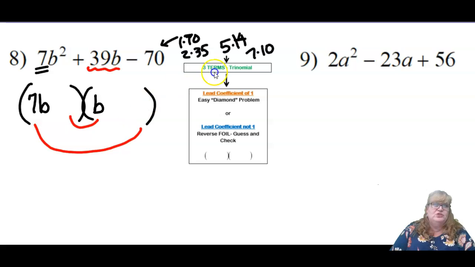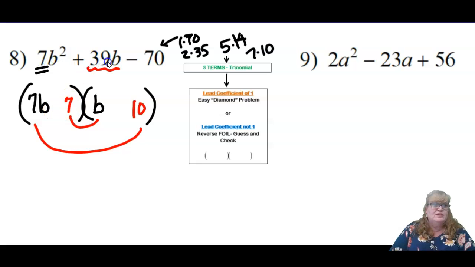Somebody told me once that you should just start with the closest together, so 7 and 10. Now, if I put a 7 here and a 10 here, I would get a 70b on this outside and a 7b on the inside. That's not going to make 39. But my hint to you is that if I did that, I could take a 7 out of this parenthesis.